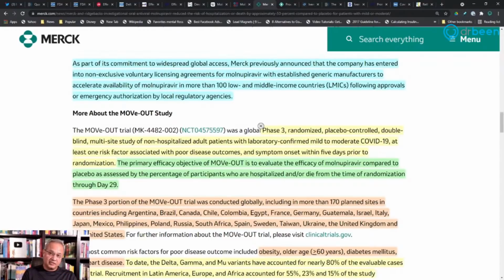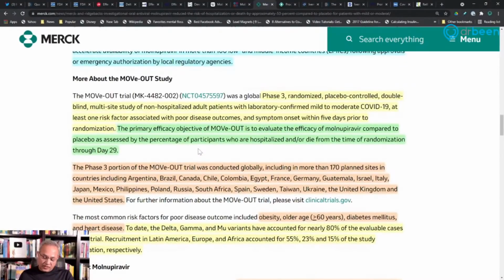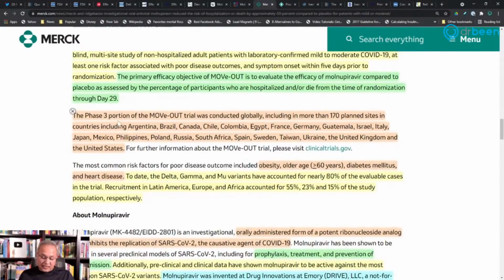As far as I understand from this study, these are numbers for phase 2 and 3 combined. But here they simply say phase 3. Randomized, placebo-controlled, double-blind, multi-site study of non-hospitalized adult patients with lab-confirmed COVID-19 with at least one risk factor. The primary efficacy was this. But look at this, the phase 3 portion.